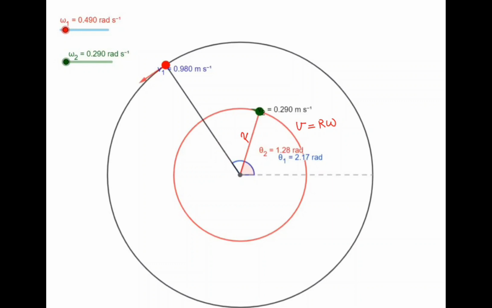Now, for the second particle, v is equal to r omega, and r in this case is this whole thing here, and omega in this case is equal to 0.49. For that reason, as we can see here, this tangential velocity is greater than this one here.